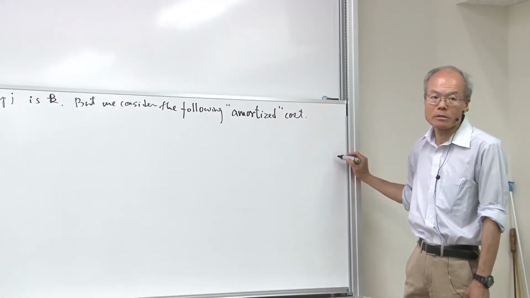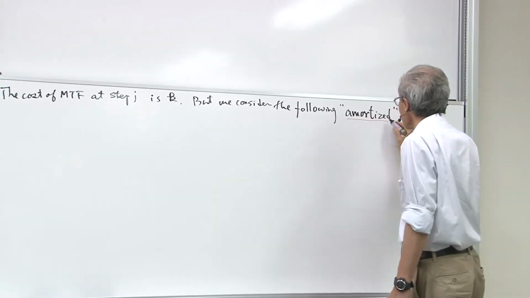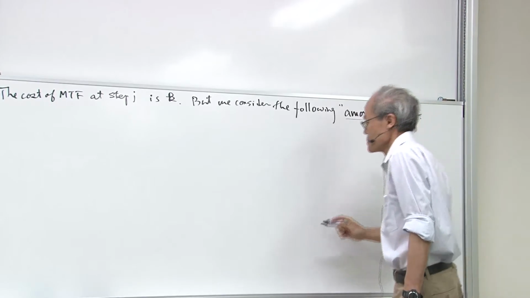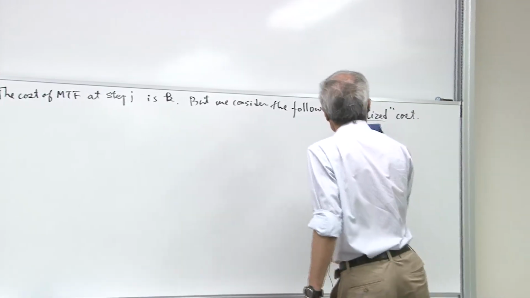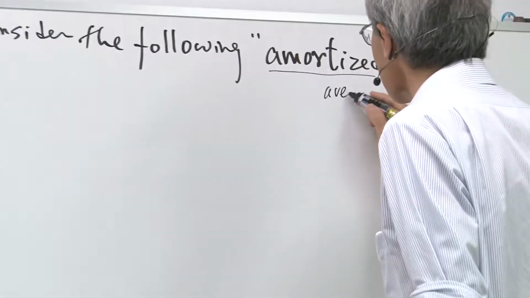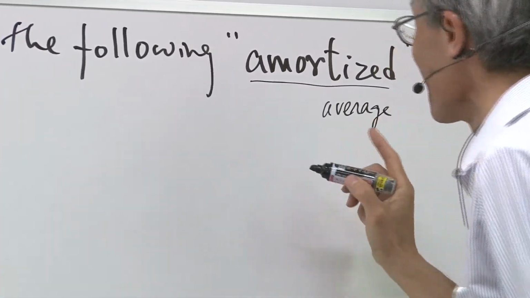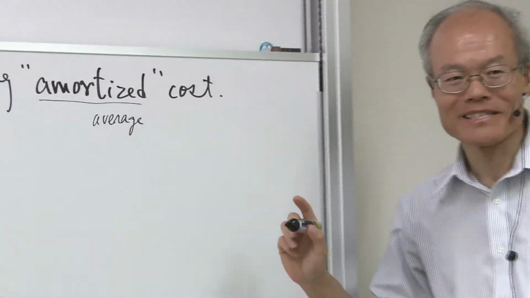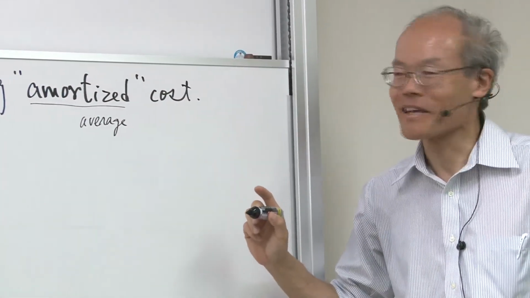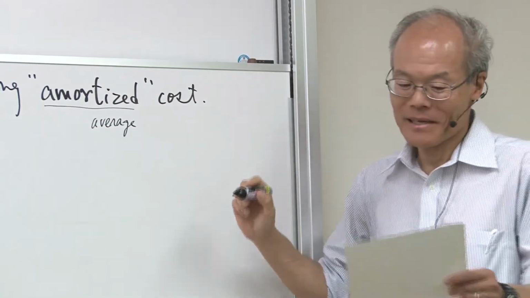Amortized means just average. It's a little bit different from average, but it's okay to think that amortized means average in the following sense.